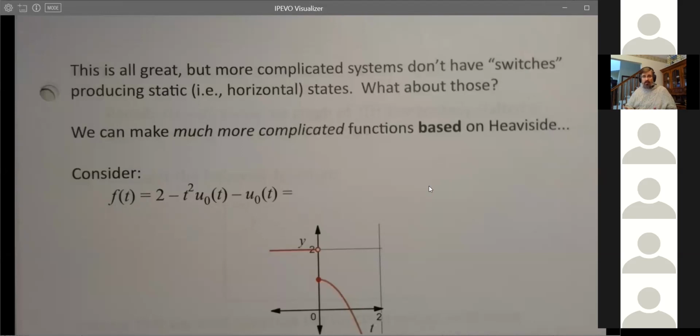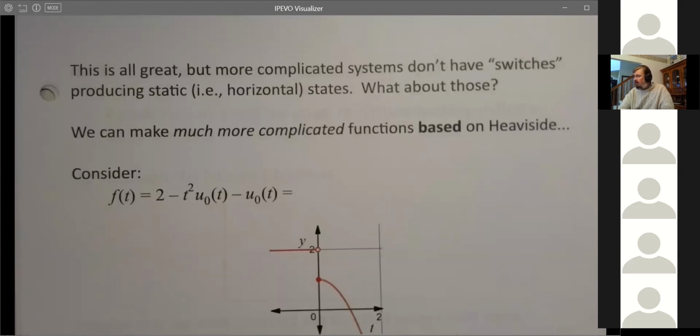Well, as I implied earlier, sometimes we want to be able to have a function like a sine or a cosine or a polynomial that's just off until a particular point in time, and then it switches on. And so we can make more complicated functions out of Heaviside functions, not by multiplying them by constants, but by multiplying them by variables, by multiplying them by other functions.